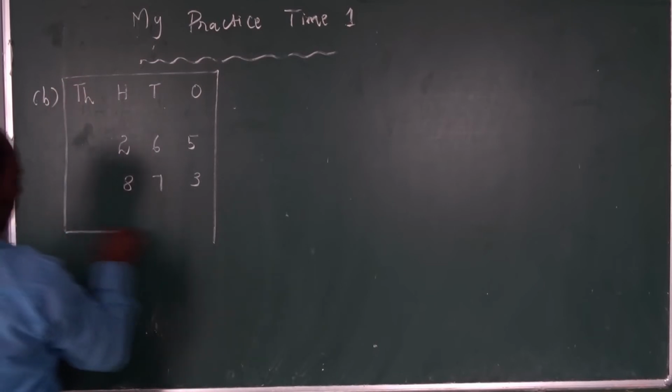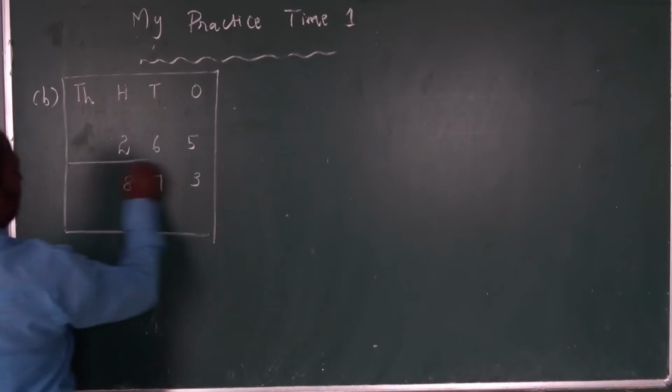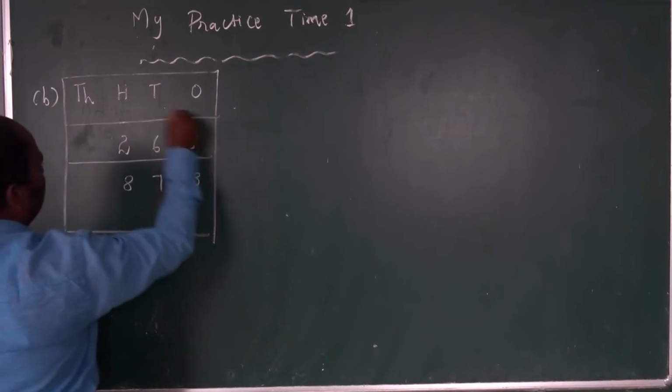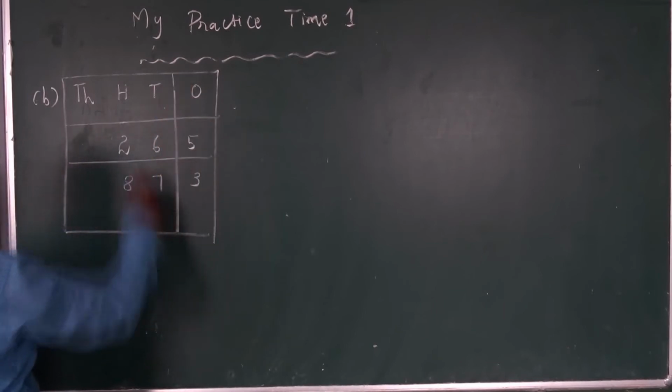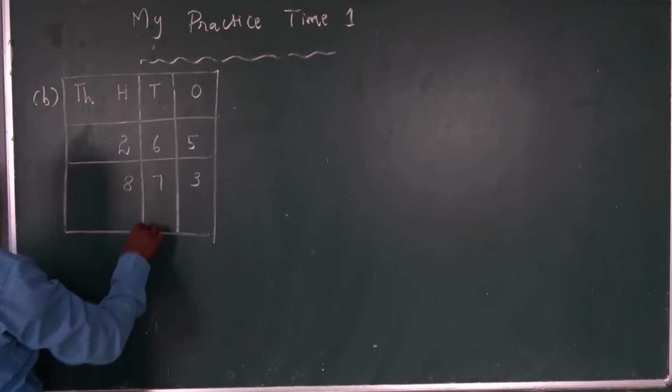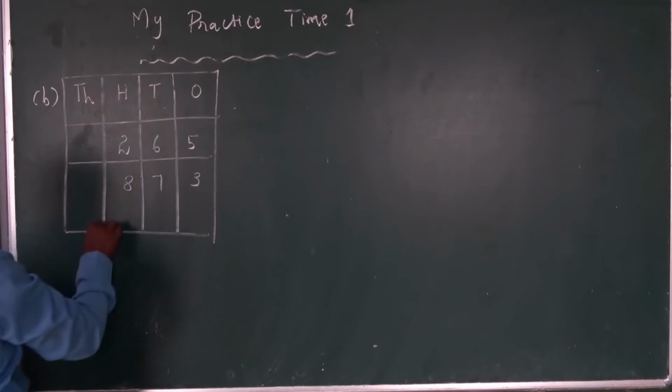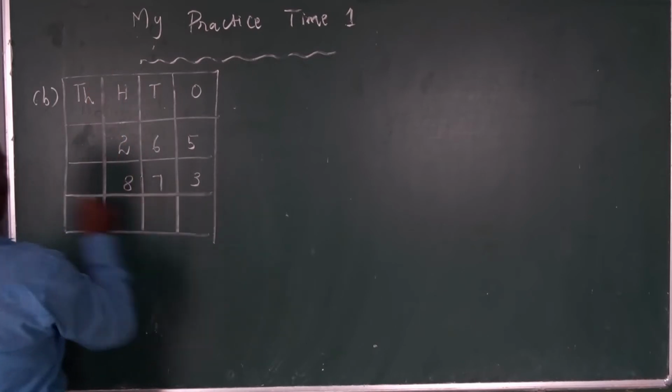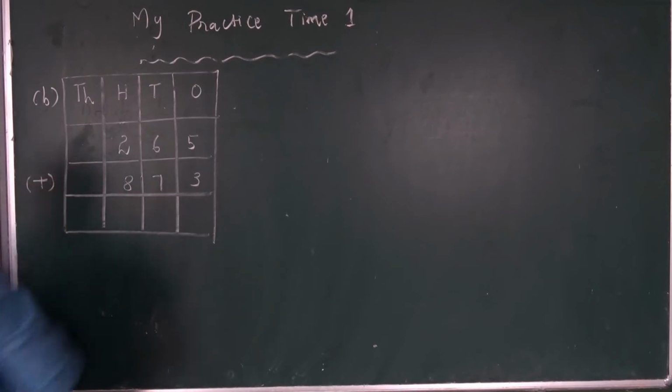Here both are 3-digit numbers. The first number is 265. The second number is 873. We add the two numbers.